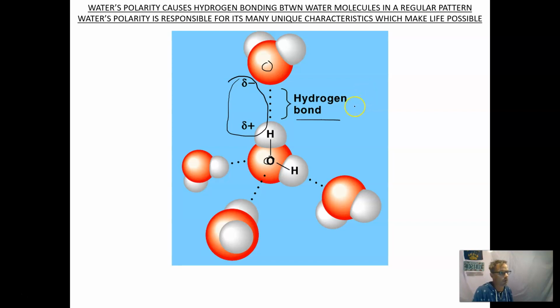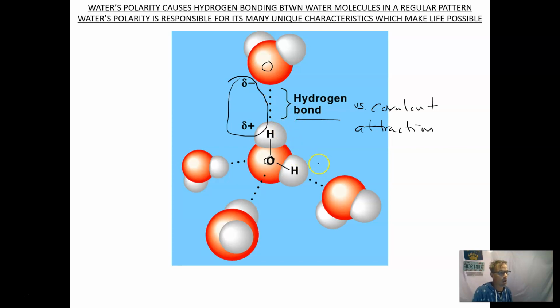You can contrast this with a covalent bond. It's not a covalent bond because the electrons aren't being shared. You just have this little bit of an attraction, and it's relatively weak. So each individual hydrogen bond is relatively weak.